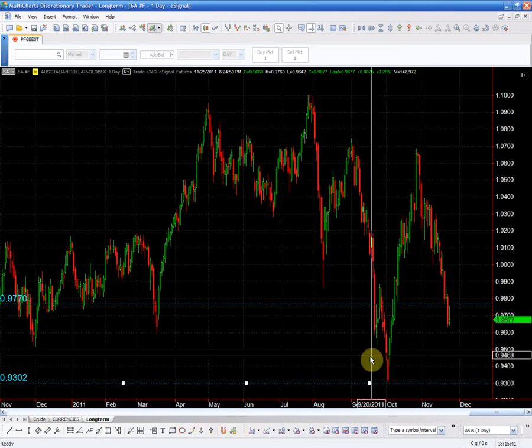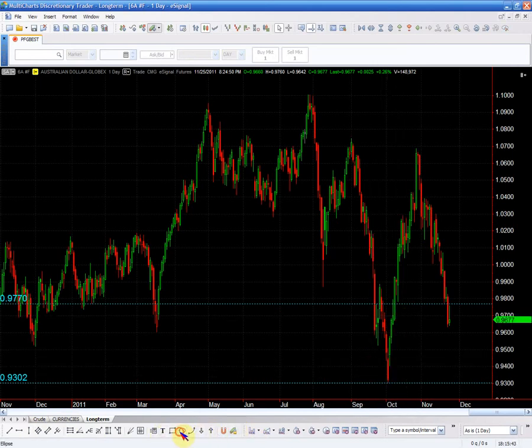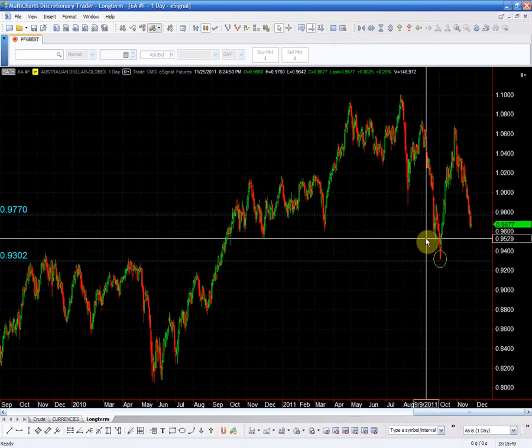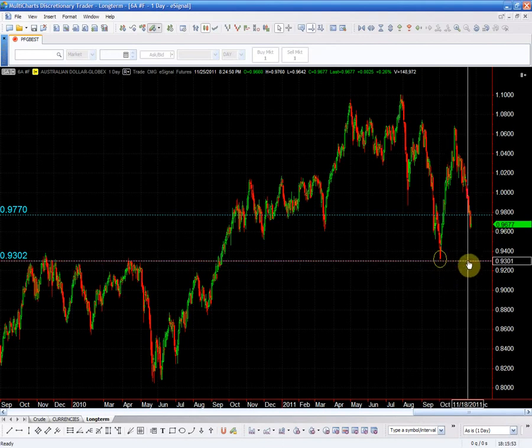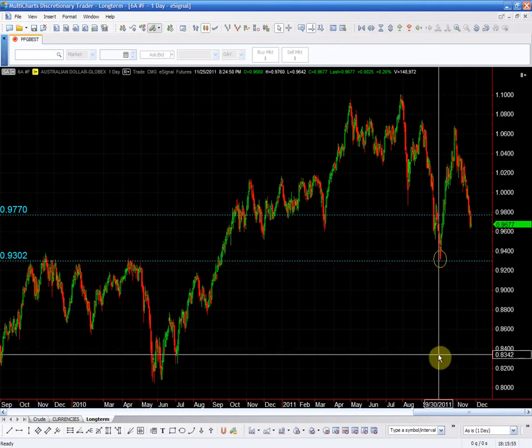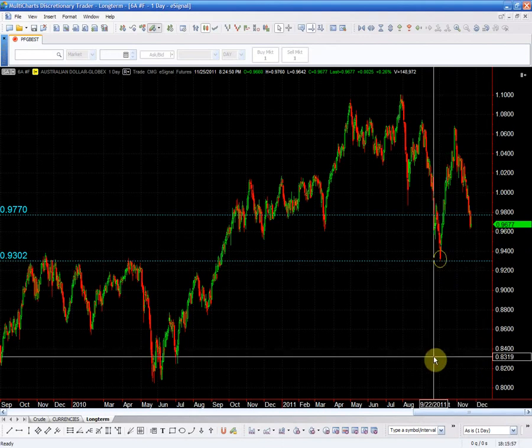and this here, the 93.02, which is the next structure point, this is where the Aussie should go towards, and a break below this one, you can look at a major bear market that should be coming in to the Aussie.